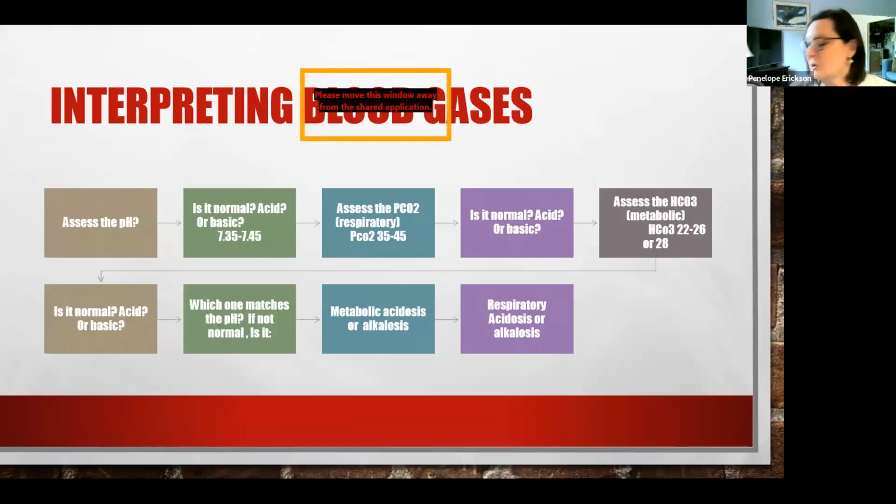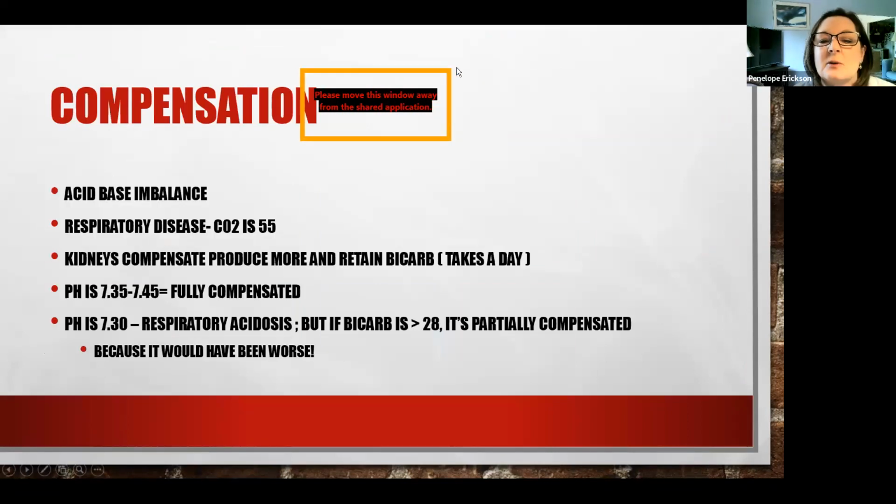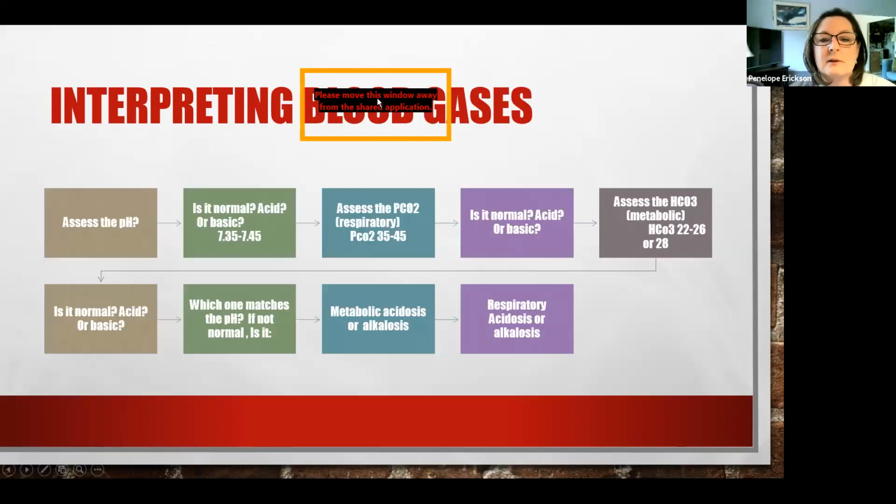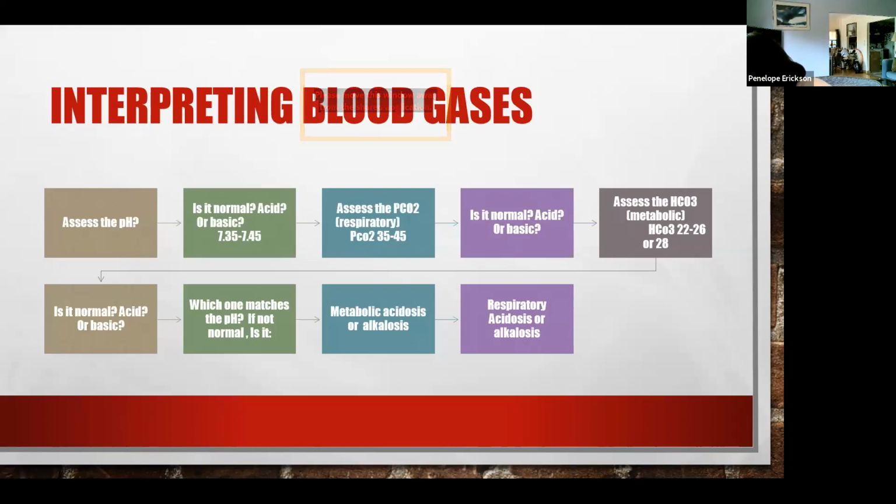So remember when we're interpreting blood gases, it's telling me to move this away, but I don't know how to move it away. Please move this window. See right on my blood gas there how it has, please move this away? Oh, it went away. Because I was hovering over it. It's back now.